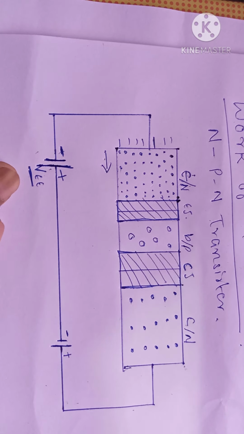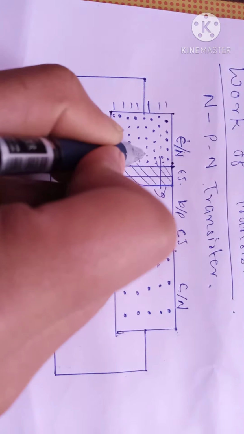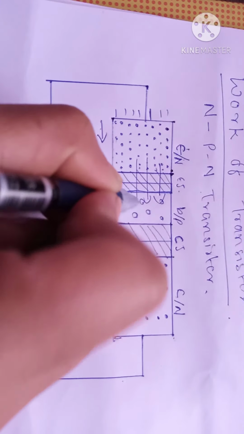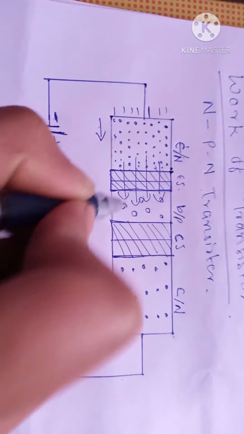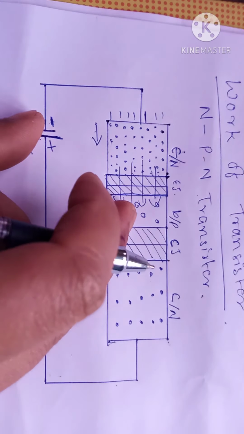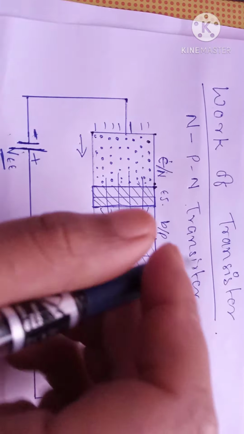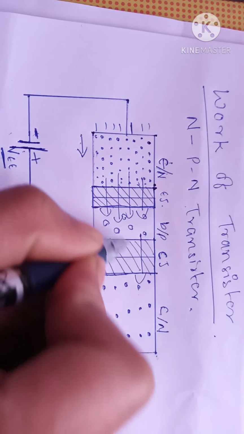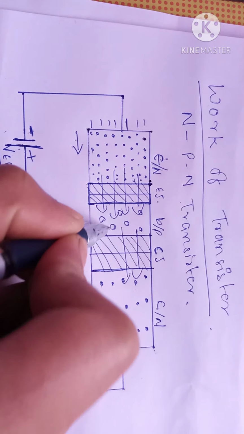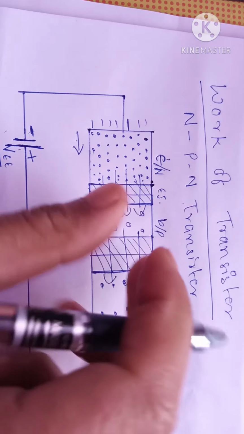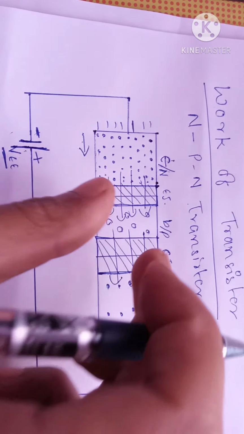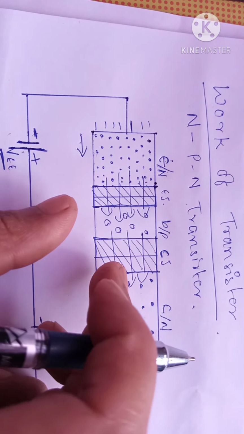Electrons will move towards the base and neutralize some holes. The remaining electrons again move towards the collector, because the size of the base is very small.